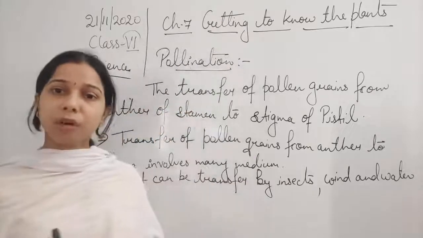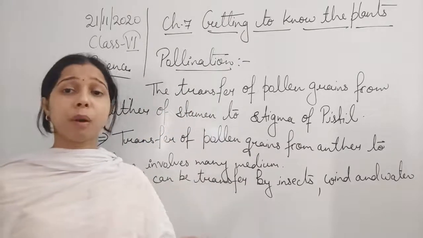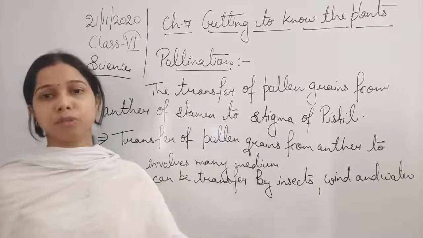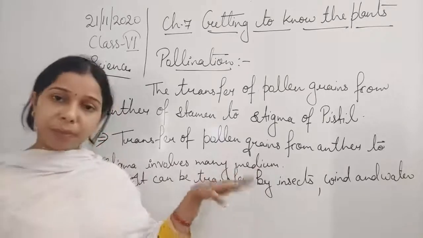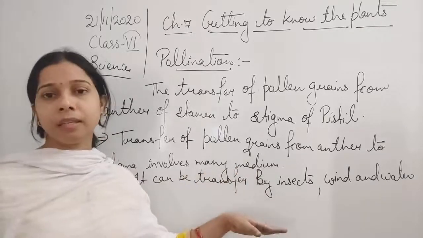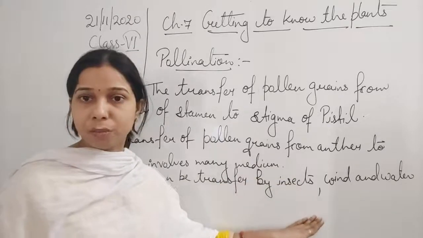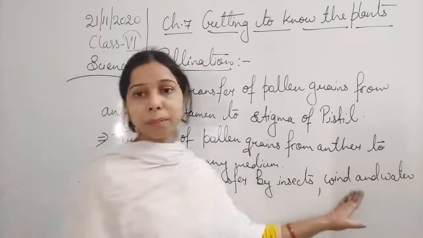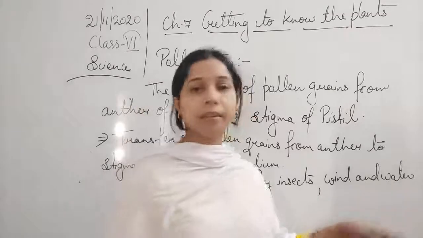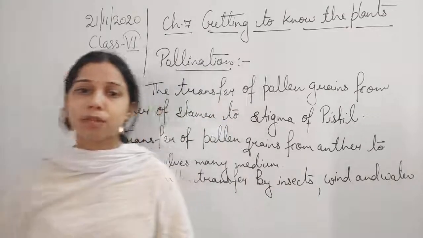So ultimately what we have to do is transfer the pollen grains from the anther to the stigma, and the medium can be anything. It can be an insect responsible for the transfer, it can be wind, or it can be water which transfers the pollen grains.